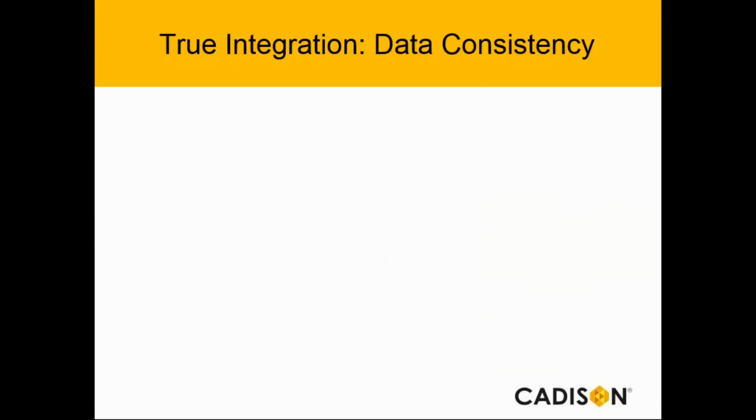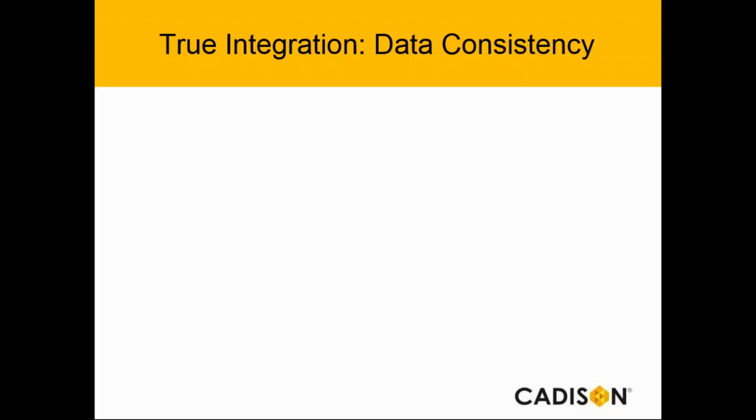Now, since today's presentation webinar is on true integration, it really means data consistency. When we talk about true integration, we are essentially thinking about data consistency across multiple disciplines.